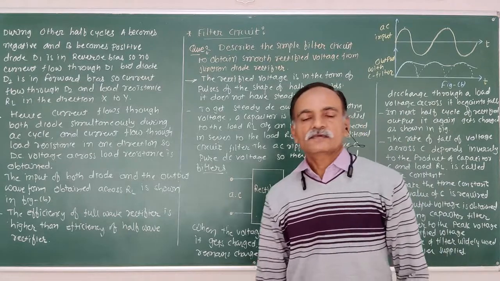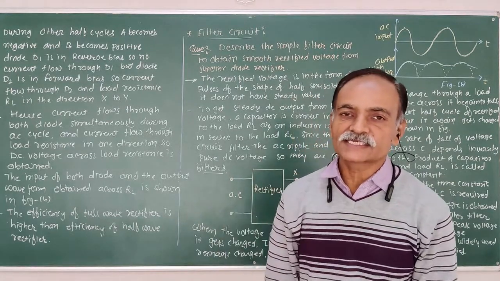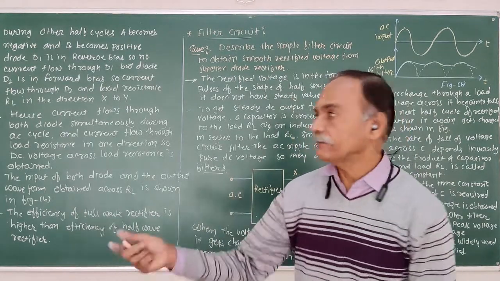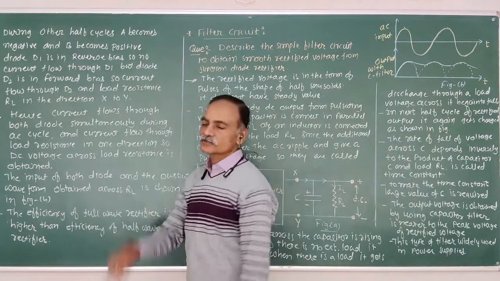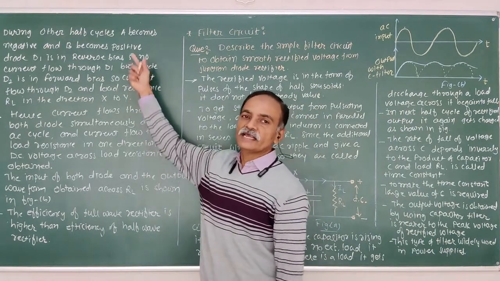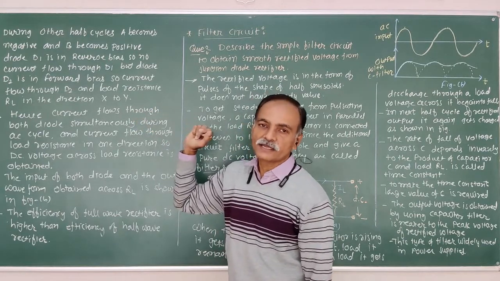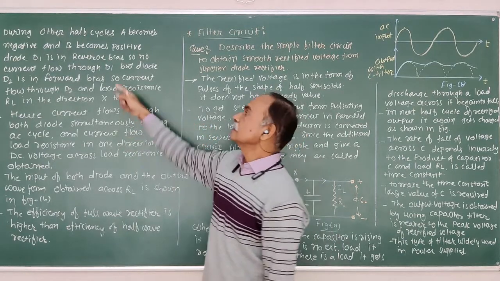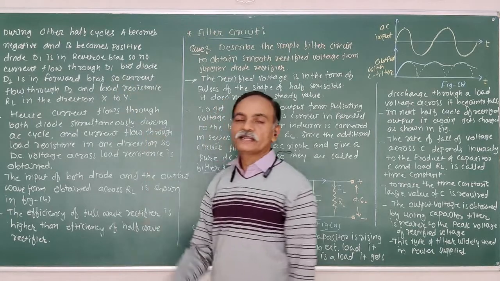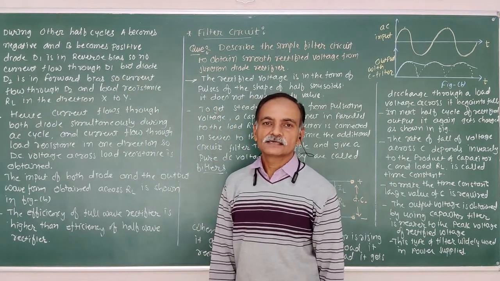It means when the negative half cycle of the AC signal is applied, A becomes the negative, B becomes the positive. So diode D1 is in reverse bias, so no current flows through the diode D1. But B is positive, therefore diode D2 is in forward bias.